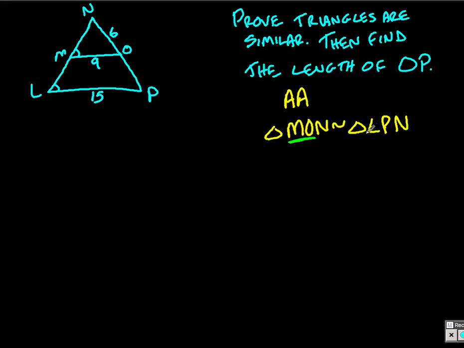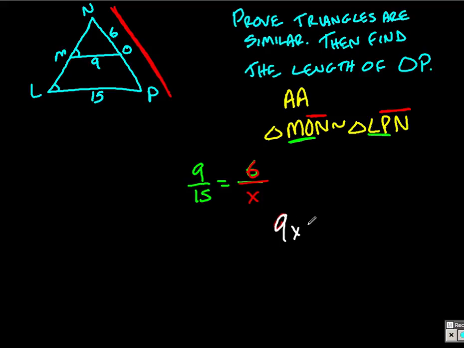MO and LP correspond, so they should go together, 9 and 15. 6 comes from NO, so I'll make that in red here. 6 for NO, and then that should go with PN. So this big long segment here is my unknown. That's my X. If I cross multiply, I would get that 9X equals 90, which means X equals 10. That means this big long segment here equals 10.